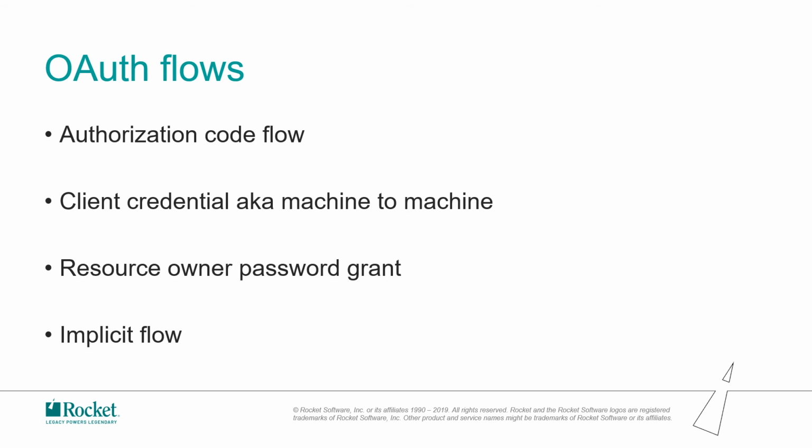So any resources which you want to access, which are not dependent on who logged in, can be part of a client credential. But if there are specific resources based on the user, then the resource owner password grant comes into picture.